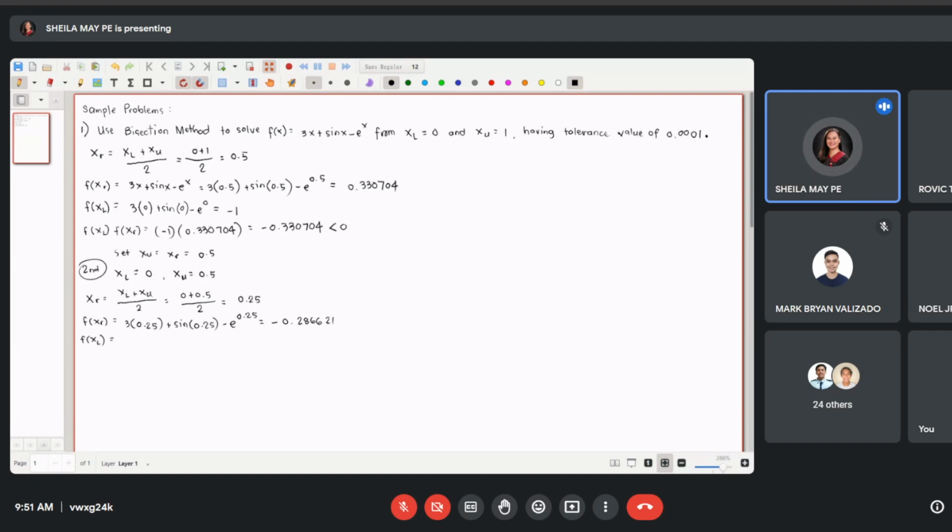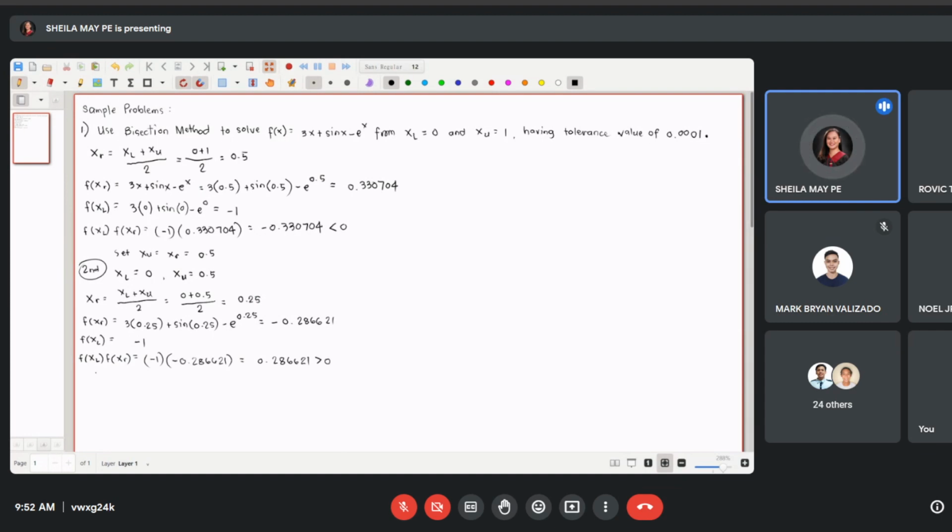So we still have the same x sub l, so the same function of x sub l, which is negative 1. The function of x sub l multiplied by the function of our new x sub r is negative 1 multiplied by negative 0.286621, so that would be positive 0.286621, which is greater than 0.